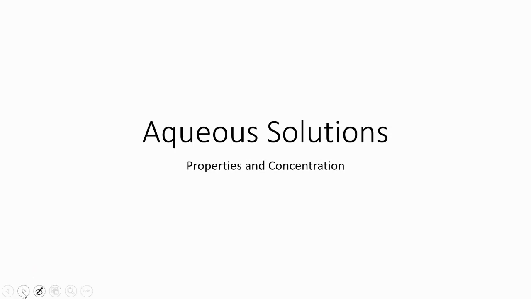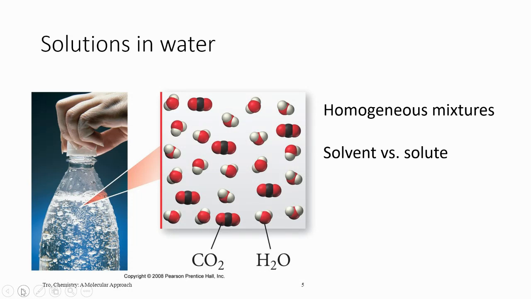Some of these slides today are going to look pretty familiar. We've talked about them before. The basics of solutions being homogeneous mixtures, where you have solvents, which are best defined as the particle or the molecule that is in greatest quantity. And then solute, where you have something that is dissolved in the solvent.